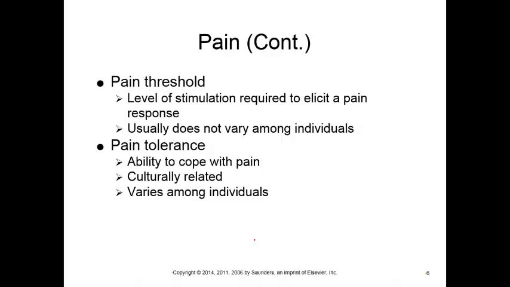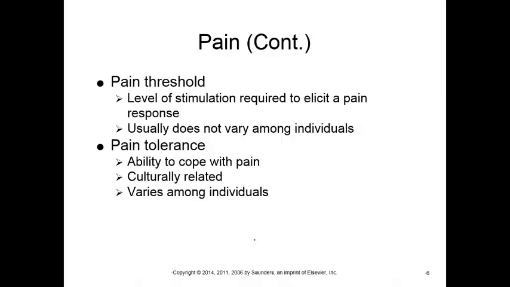Each neuron or each nerve ending has a very specific level of stimulus that it can take before it fires. For that signal to transmit to the brain, we have to reach threshold.